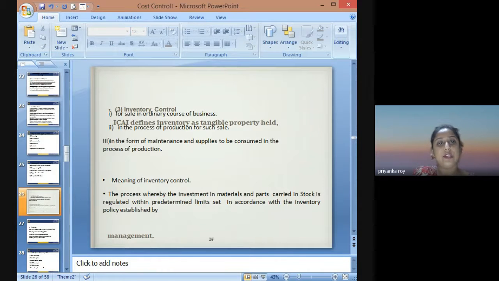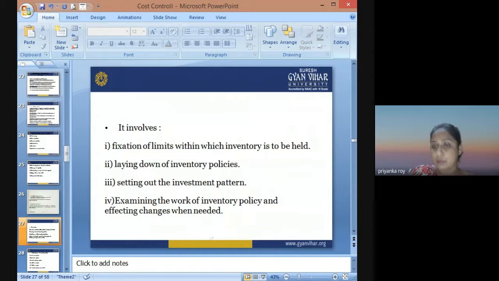Inventory control. Inventory is defined as property held for sale in the ordinary course of business, or in the process of production for sale, or in the form of materials and supplies consumed in the process of production. Inventory control is the process whereby investment in materials and parts carried in stock is regulated within predetermined limits, set in accordance with the inventory policies.